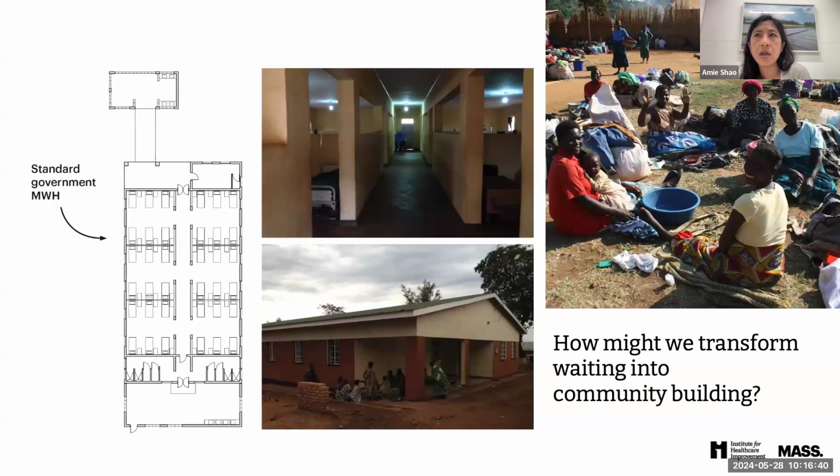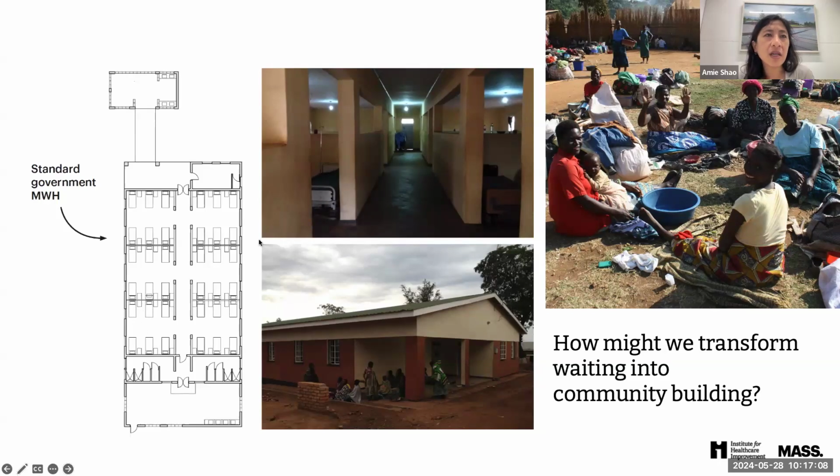So the problem was, I think many of you might be familiar with the idea of maternity waiting homes: getting women with high-risk pregnancies to come and stay next to a hospital in the last weeks of their pregnancy, so that when their time comes, they're not too far away and they can receive the care they need in time.